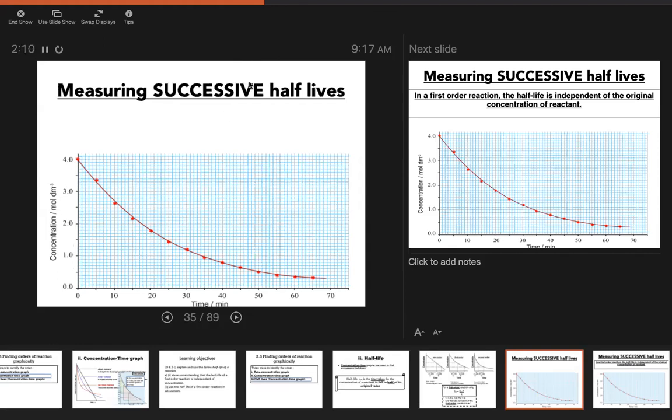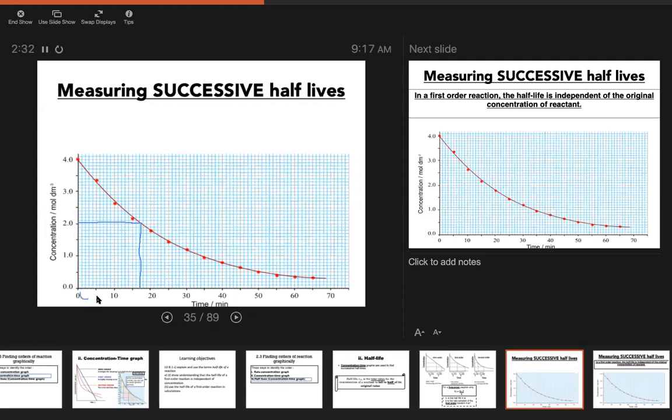So I would draw a line at that 2 mole per dm cube, and the most important thing, the one that I'm interested in, is the time, okay? Because the definition of half-life is the time taken for my concentration to drop by half.